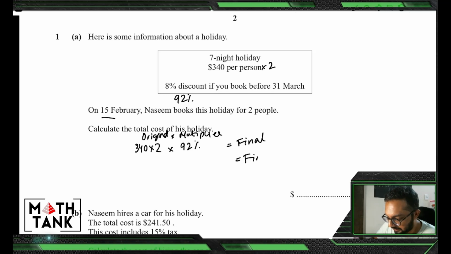So the final is 340 into 2 into 0.92, 625.6. Yeah, I think that should work. It's an exact value, so I'm just going to write 625.6.